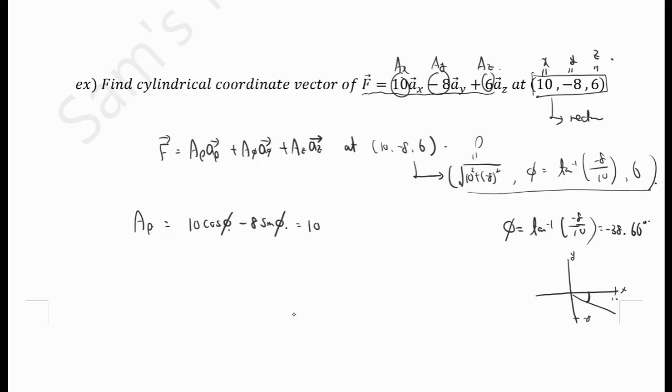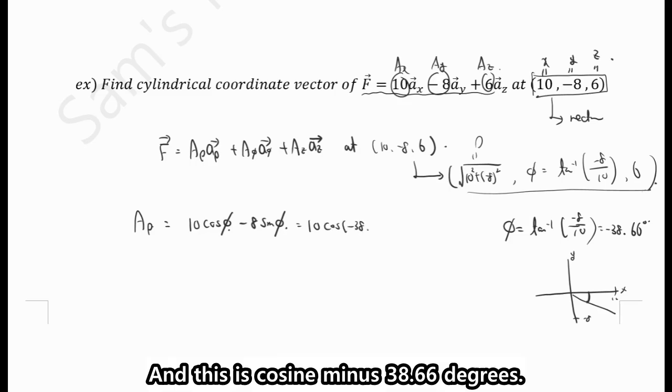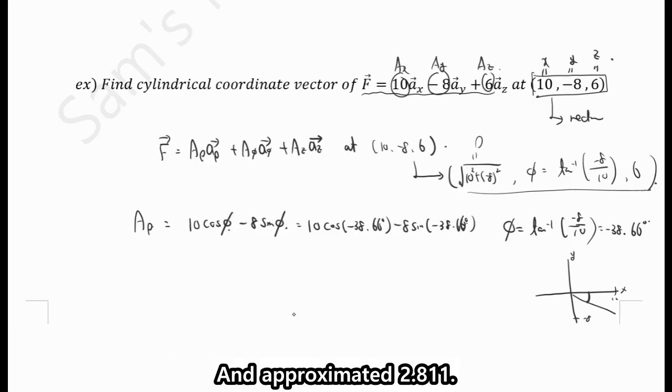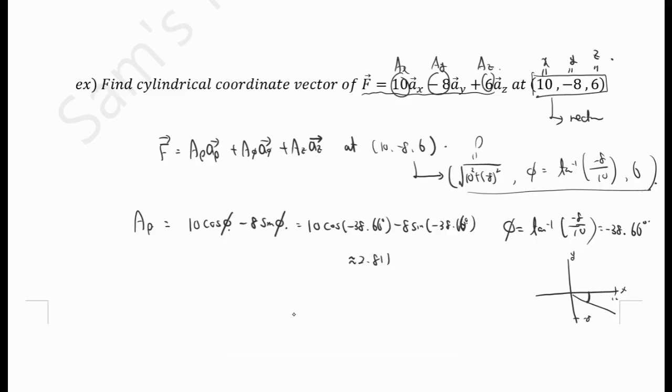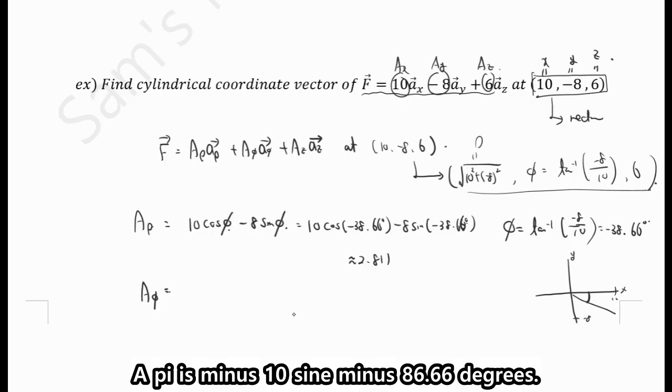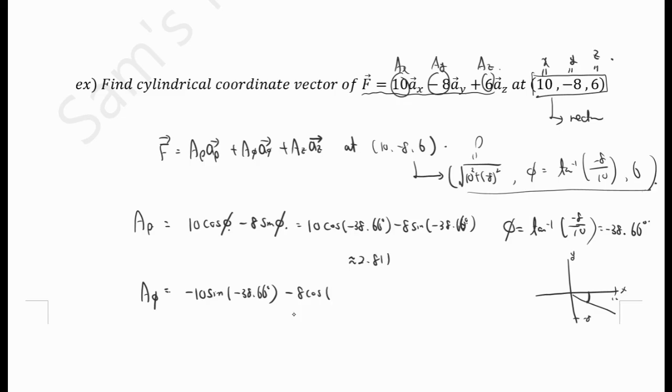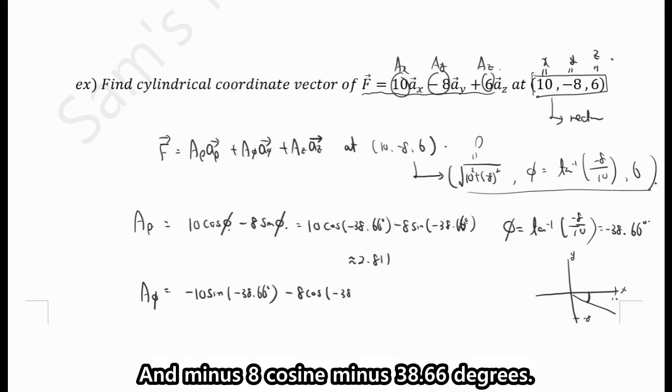And this is 10 cosine minus 38.66 degrees minus 8 sine minus 38.66 degrees, approximately 12.81. A phi is minus 10 sine minus 38.66 degrees minus 8 cosine minus 38.66 degrees.